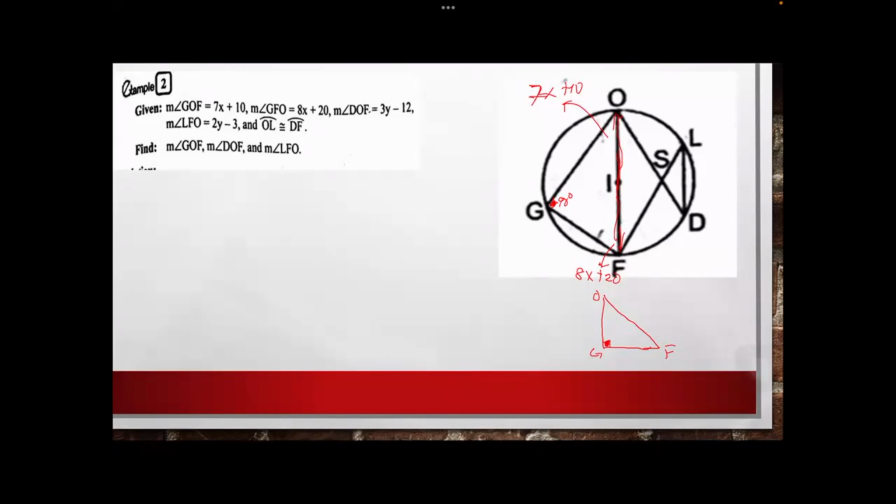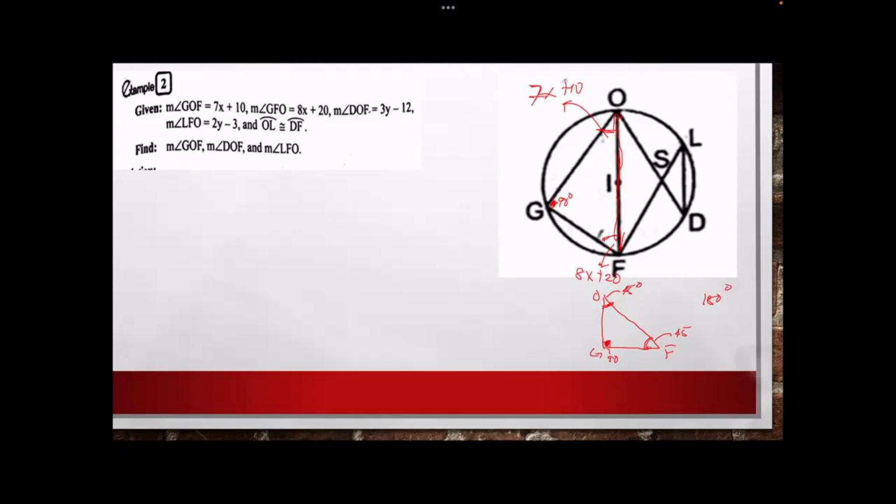Now, in this part, this angle here and this one here is 45 degrees. So, this is also 45 degrees. We have to remember that a triangle is equal to 180 degrees. So, when we add, this is 90, so 90 plus 45 plus 45 is 180 degrees.